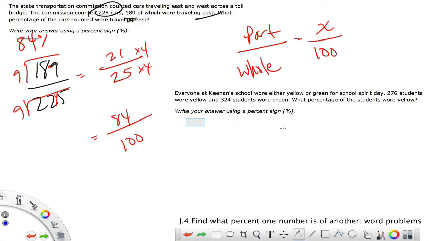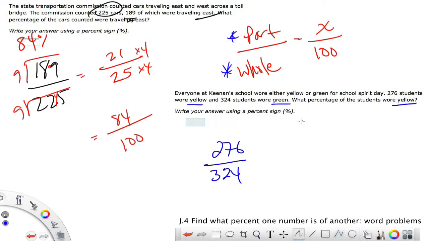This one's a little bit different because we have 276 students who wore yellow and 324 who wore green. What percentage wore yellow? So instinct says, oh, I see two numbers. We simply have to divide the students who wore yellow by, oh, wait a minute. Remember, it's always the part over the whole.